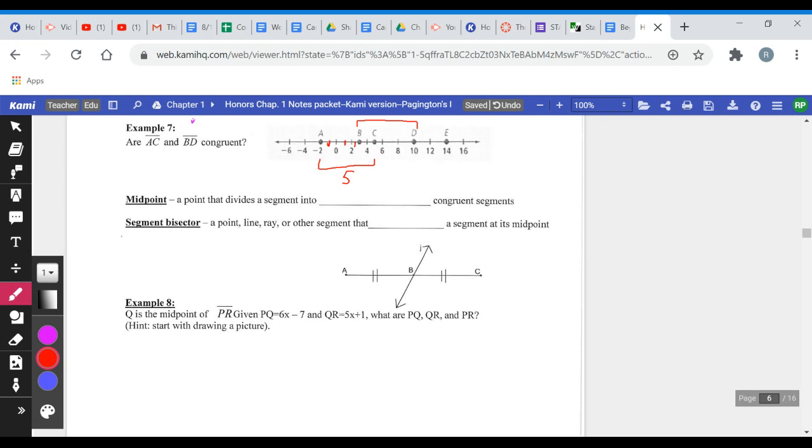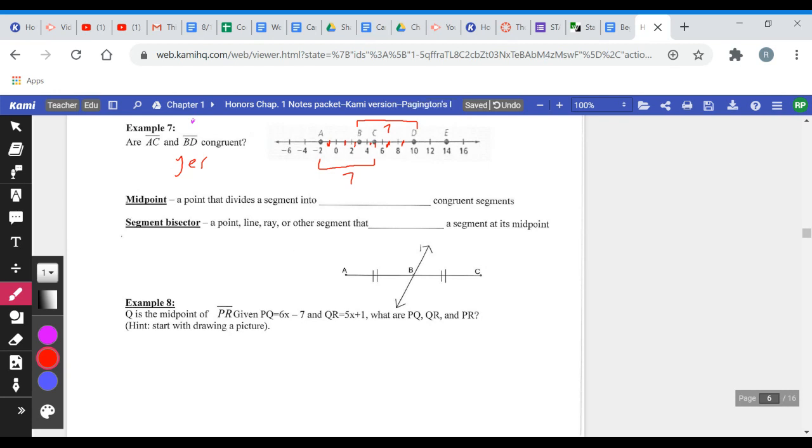Sorry about that, I stopped too soon on the AC here. So I've got 2 plus 2 plus 2 plus just the 1 right here. So that's giving me a length of 7. And if I go from B to D, I've got 2, 2, 2 plus 1 more is 7. So since they have the same length, I would say that yes, they are congruent to each other.